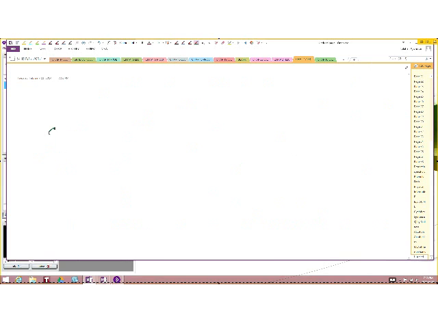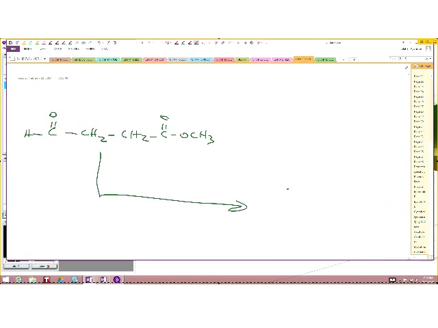Supposing I give you this problem, real quick. Supposing I say this. So give me the reagent for this reaction.